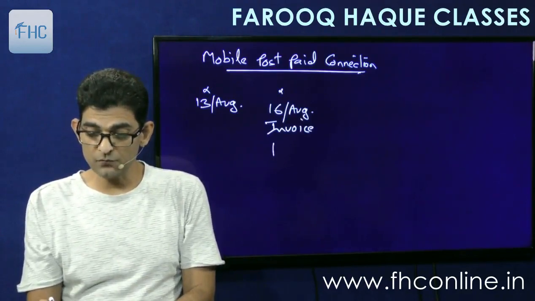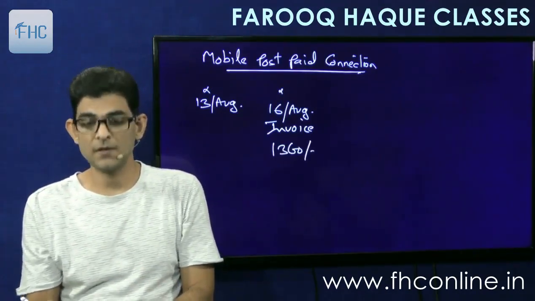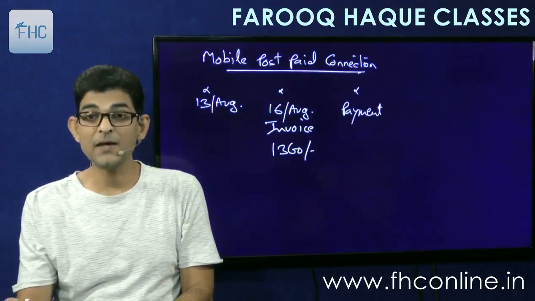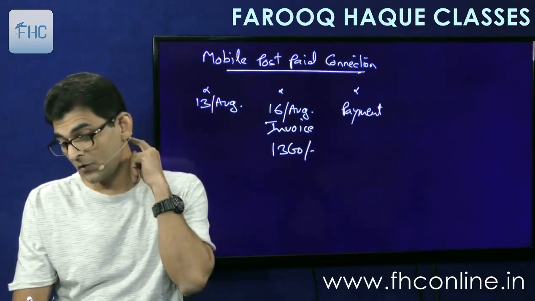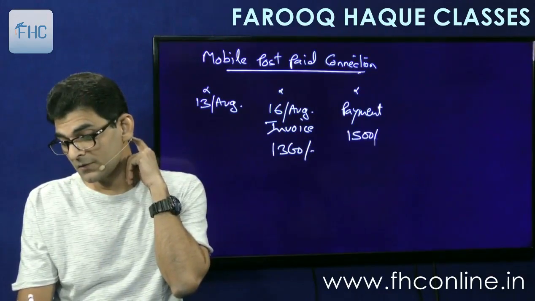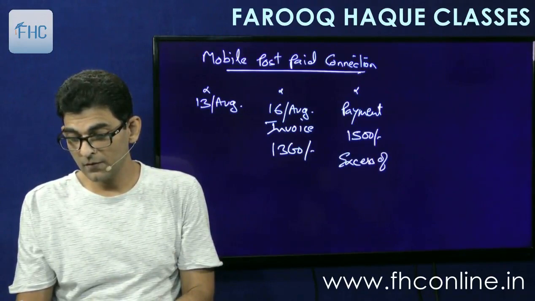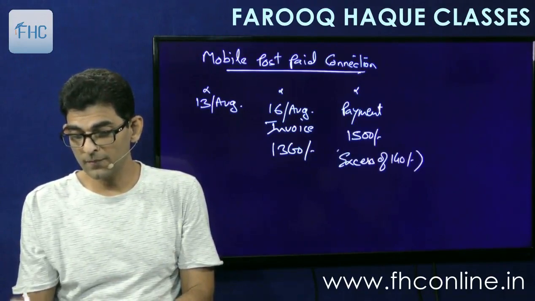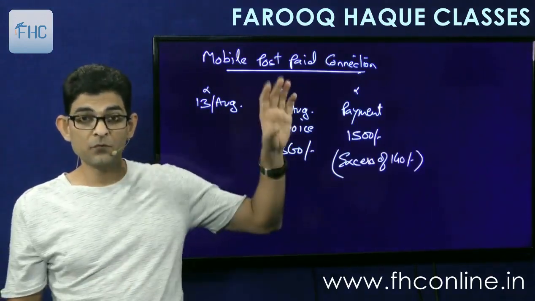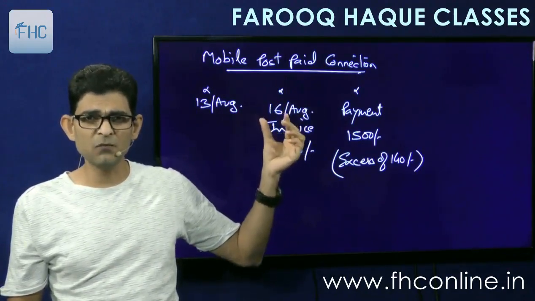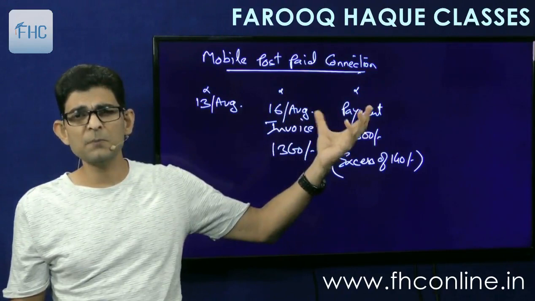Now the invoice is of 1360 rupees, but the client makes a payment of 1500 rupees, that is an excess of 140. So for this 1360, the time of supply will be simple, the invoice or the date of receipt of payment, whichever is earlier.